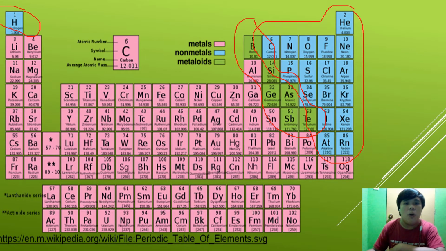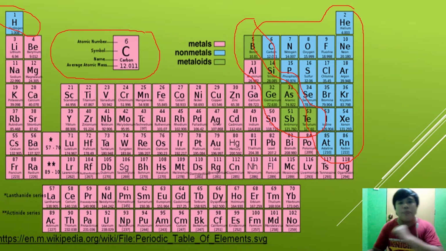Let's also review the different parts in each box of the element. The number at the top is termed as the atomic number. The letter, usually 1 or 2 letters only, serves as the symbol.